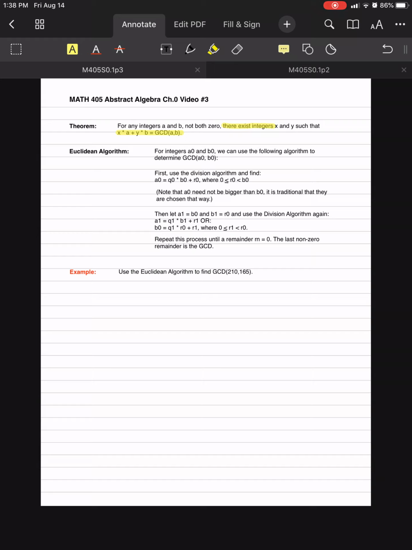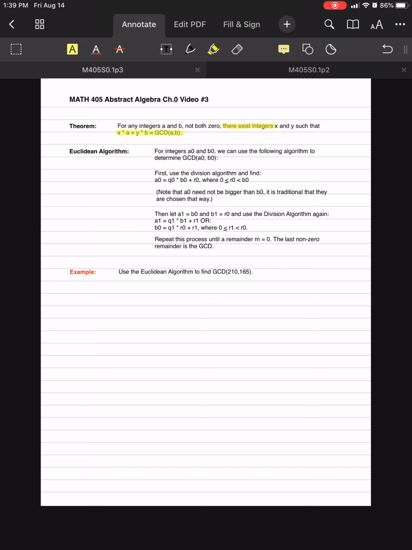In fact, I'd like for y'all to pause the video and think about this. This is a general case, so we're just using letters here. But think about how, once you know one pair of integers x and y, you might pick another pair that also makes that equation work out. So pause the video and then come back when you're ready.